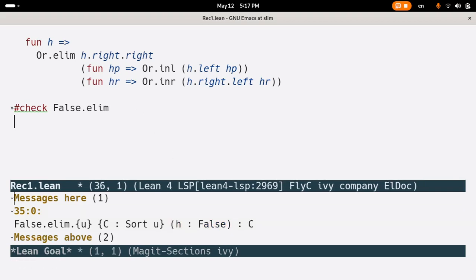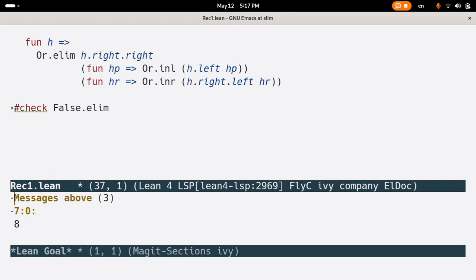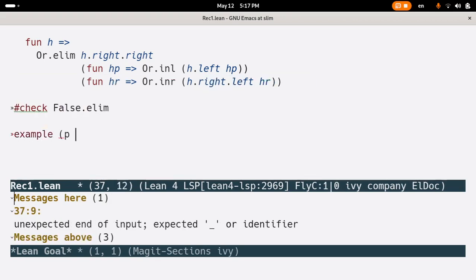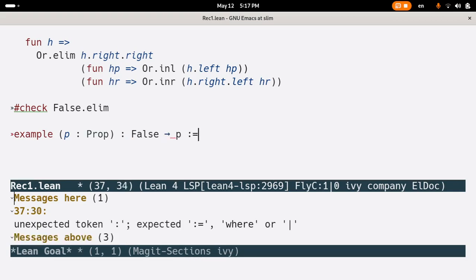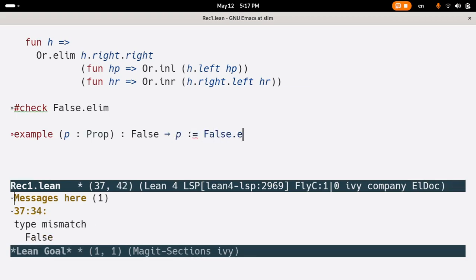In logic, this is called the principle of explosion. If you have false in the hypothesis, you can conclude anything. Stated in more familiar terms, if P is a proposition, then false implies P, and the proof of this is just false.elim.